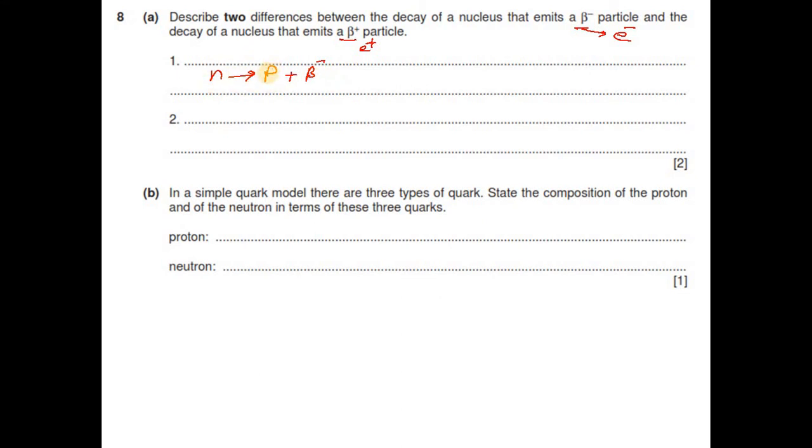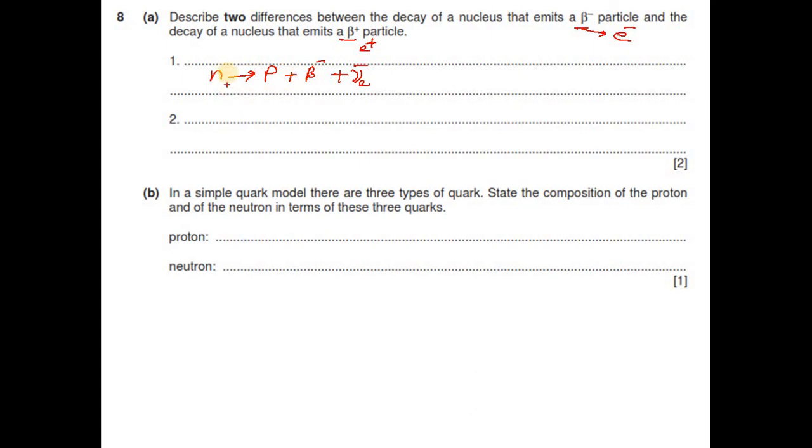Neutron is decaying into proton along with beta negative. And the second difference is we have emission of anti-electron neutrino. Emission of anti-electron neutrino from this decay. So these are two differences in beta negative.